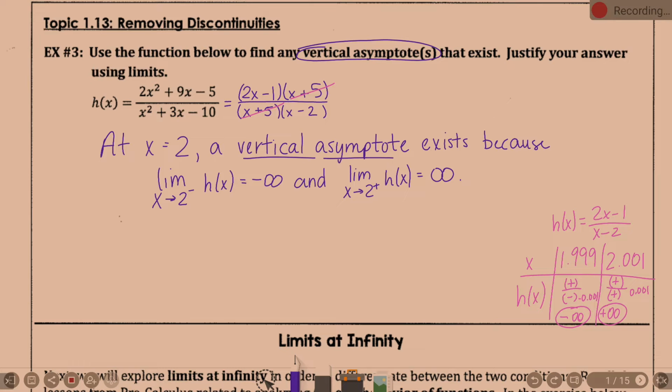I think so. I'm trying to process the what ifs, and I think you would be okay to do that. Because basically anytime a limit is equaling infinity, that's indicating there's an asymptote there. So, yeah, I think you'd be okay there.